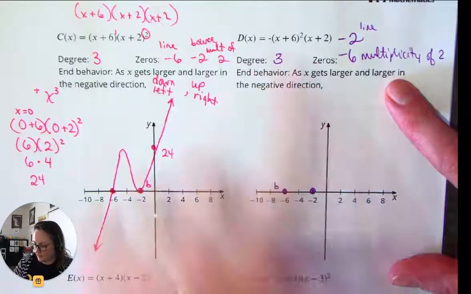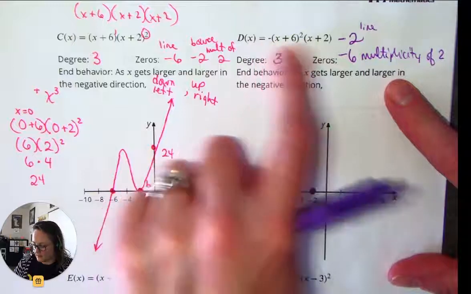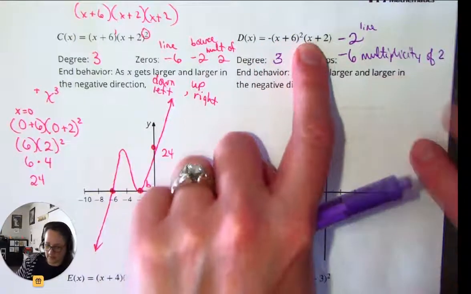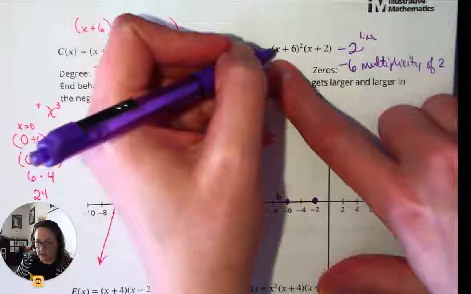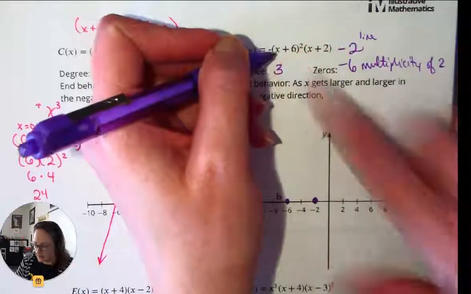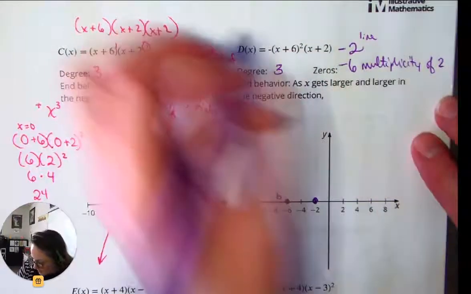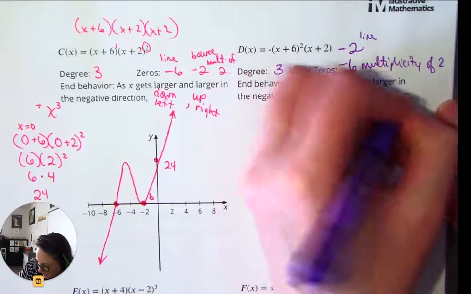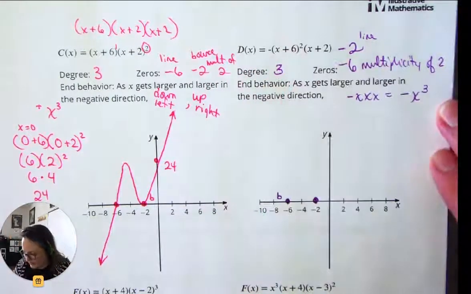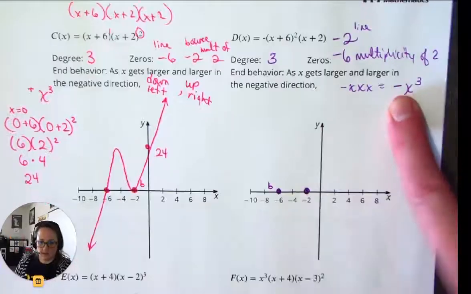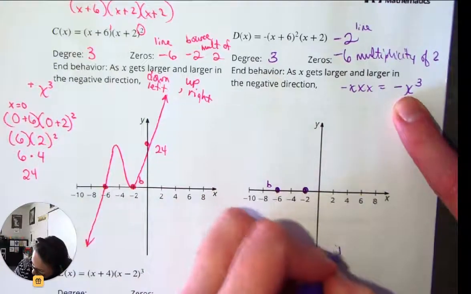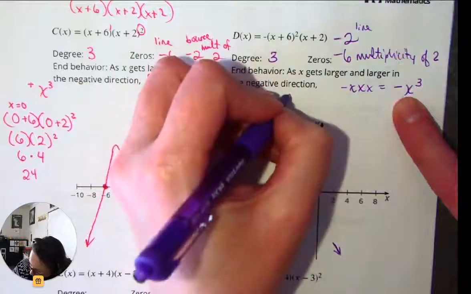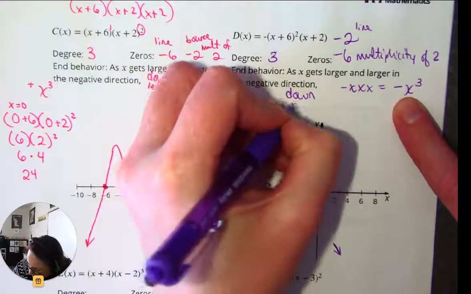Thinking about end behavior, I have a -x, x, x. Okay, remember there's 2 of these x here, the x plus 6 squared. Okay, keep that in mind. -x, x, x is telling me a -x to the third power. Negative leading coefficient tells me where this graph is ending over here on the right. It's going to be going down on the right side.